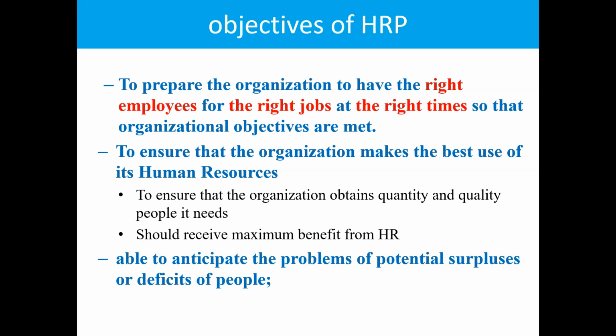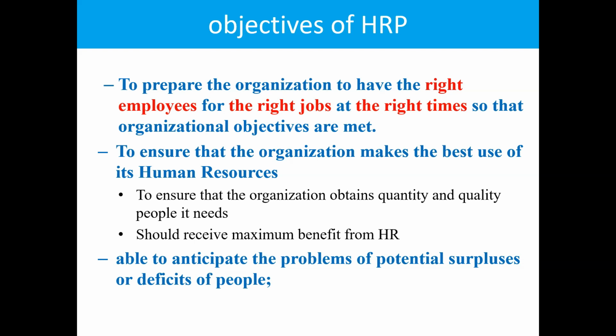And it should receive maximum benefit from HR. Maximum benefit. That's how we can get it. And it is able to anticipate the problems or potential surpluses or deficits of people. So when we have a right plan, you can always estimate, at a certain point of time, the number of people demanded and the number of people supplied.